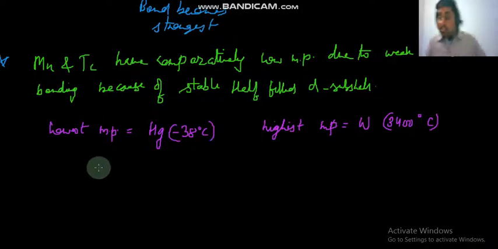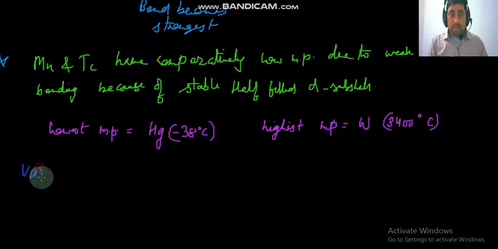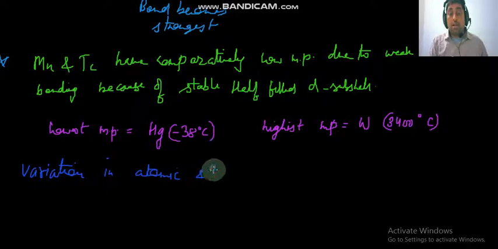Now in the next part we'll discuss the variation in atomic and ionic size, or I can say radii.